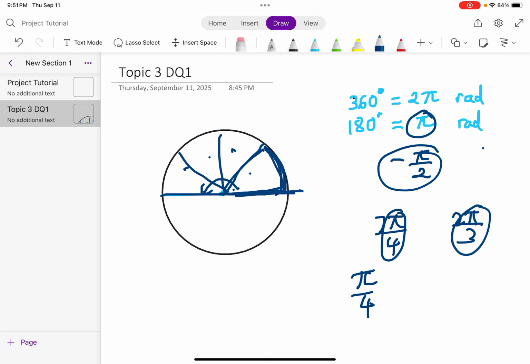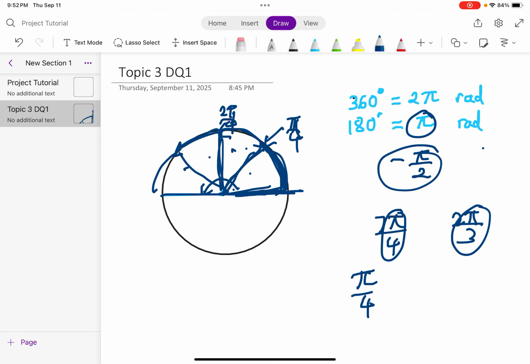So this is one piece. This is pi fourth, and because they all have the same length, you can see that if you rotate that much, it is pi over 4. If you rotate it twice over here, that gives you 2 pi over 4, which is the same as pi half.